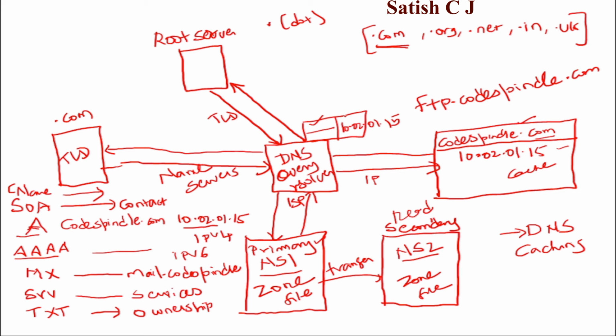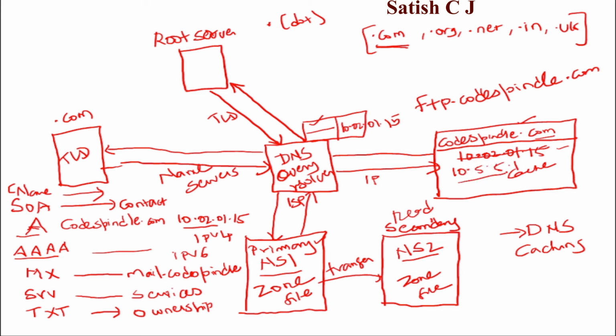Now what kind of attacks can happen on a DNS system? The one thing that hackers can do is they can do cache poisoning. That is, they can manipulate the cache with their own fake IP addresses or with their own illegal IP addresses. Say, let's say it's for example 10.5.5.1.